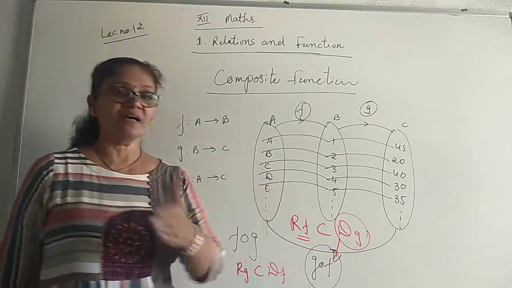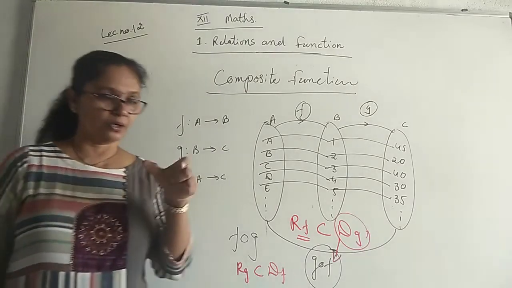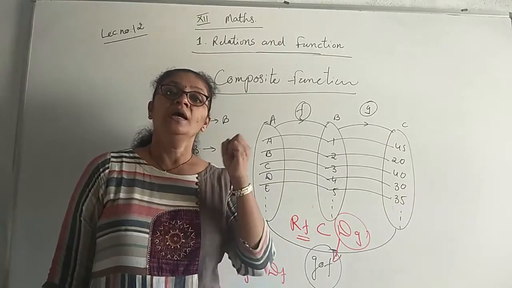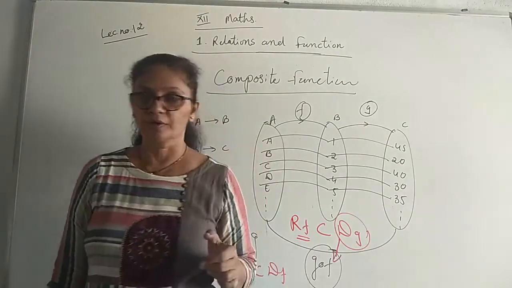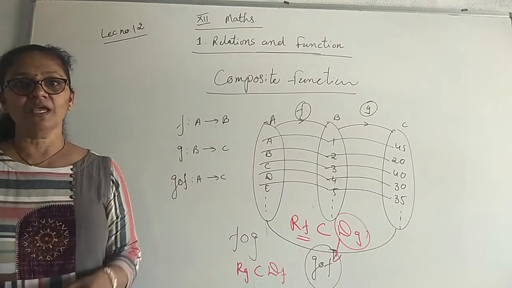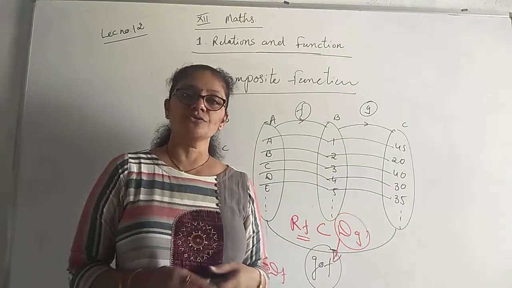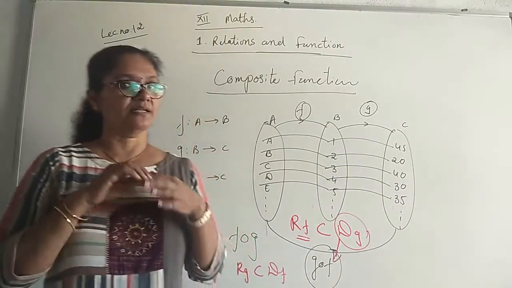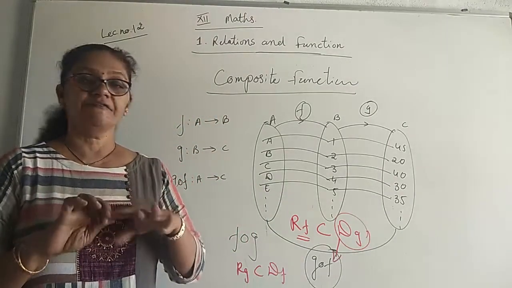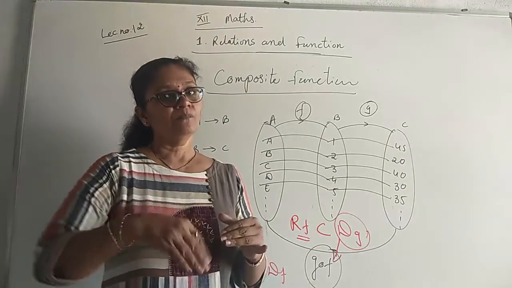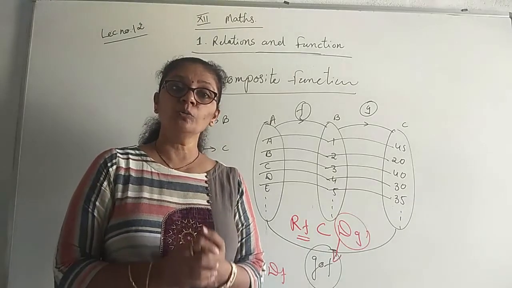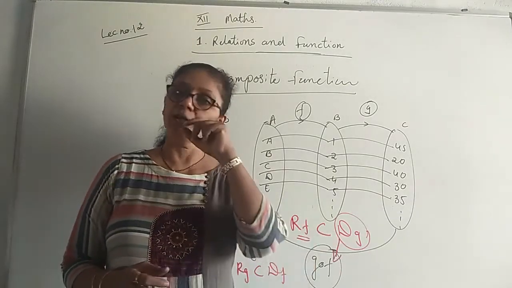Now let's revise what we learned in this chapter, because this chapter is quite long and there are so many things you have to remember. In the first part, we discussed types of relations. Which types of relations did you learn in your first exercise? Three types of relation: reflexive, symmetric and transitive, and then two more, which are empty relation and universal relation.